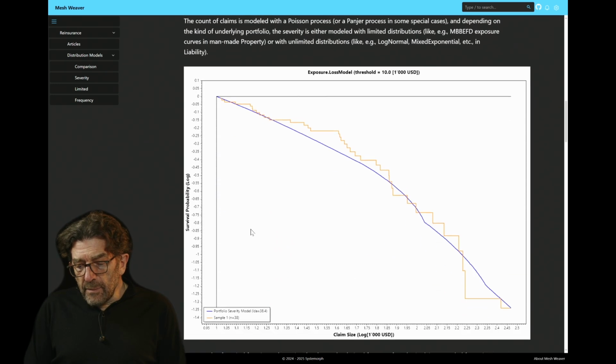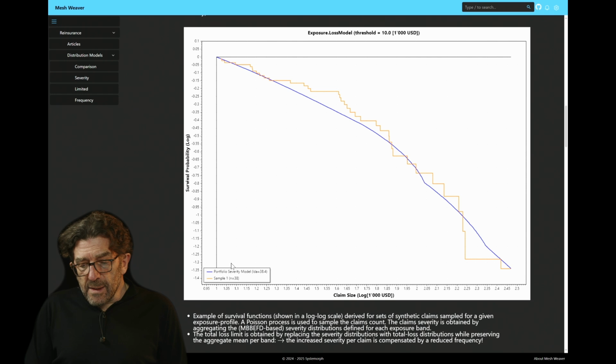So here what we see is again the exposure profile which we looked at last time. And what I did for this exposure profile, this is the blue curve. To each band which we have, I designed the exposure curve, and I'm using the MBBEFD distribution, with one parameter, which more or less corresponds to the Y curves.